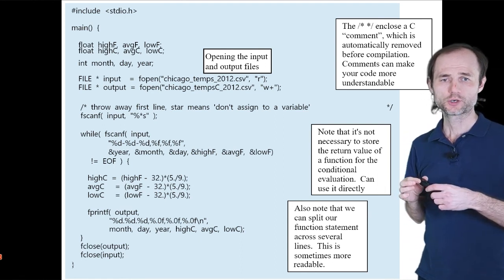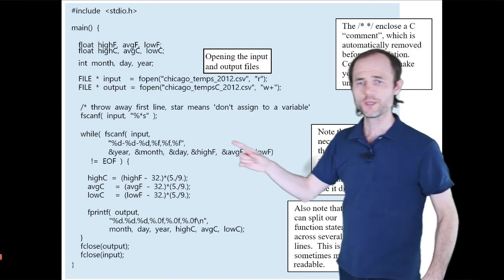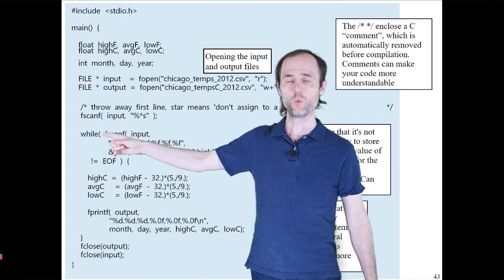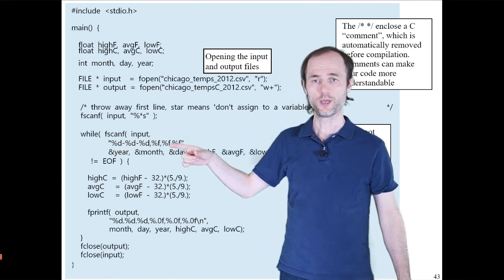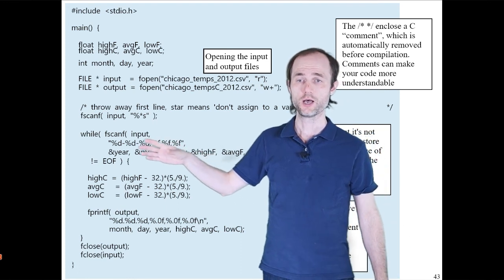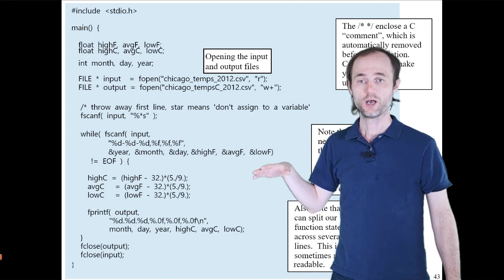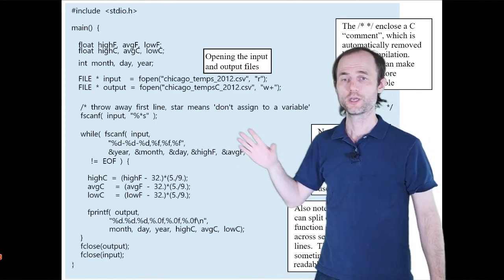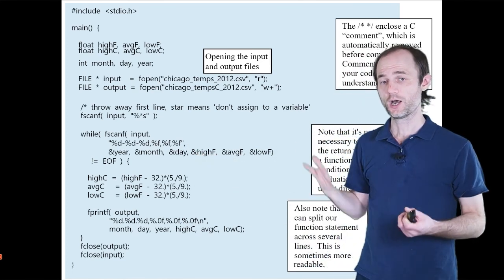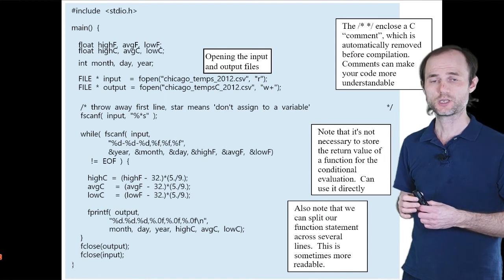One other interesting note here is that we place the entire function inside of the while loop expression. You don't have to call the function, save its value, and then call the while loop. You can do it all in one go, which is an advantage of the C language. It gives you additional extra flexibility.